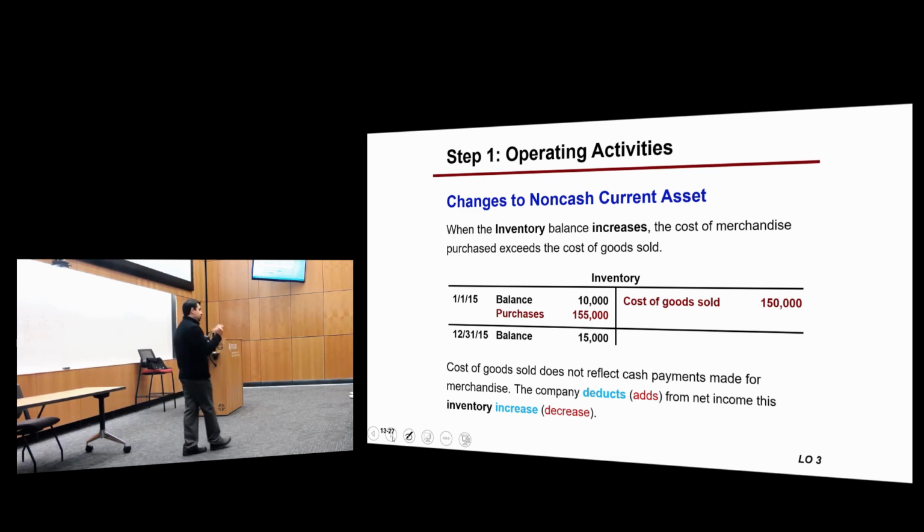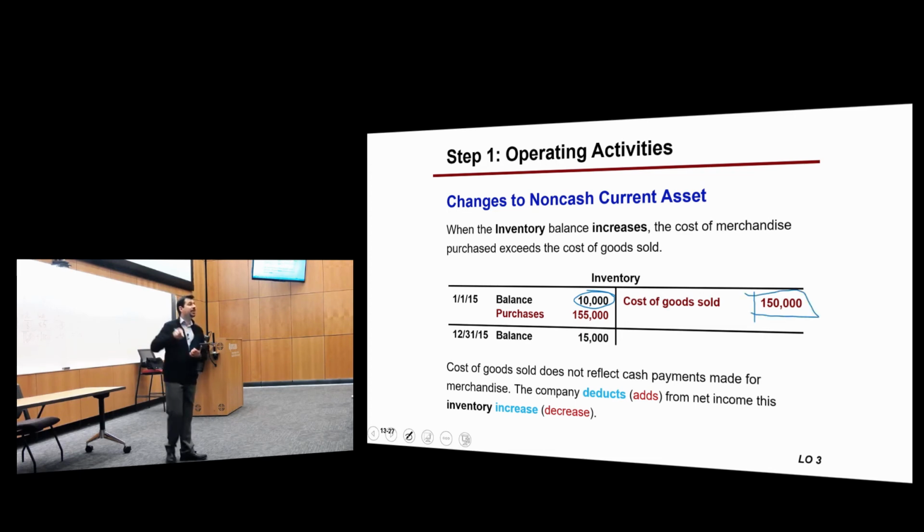The cash cost, the amount paid, will be equal to the cost of goods sold. But let's say, like in this example, the balance originally was $10,000. During the year, the company bought $155,000. The company recorded cost of goods sold, those that were sold, as $150,000.